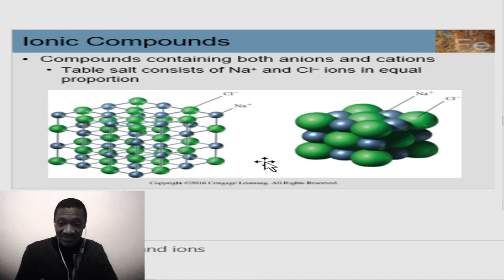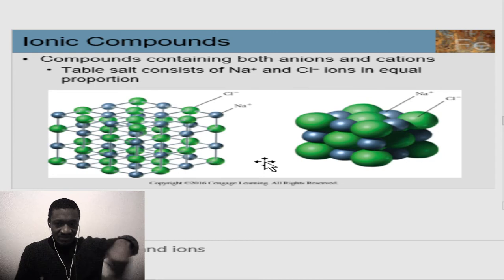So ionic is different, because ionic now has metals and non-metals coming together. Notice that sodium is at one end of the periodic table, chlorine is at the other end of the periodic table. This one gives, the other one receives. So that's ionic. But with covalent bonds, they are on the same end of the periodic table and they are close to themselves.